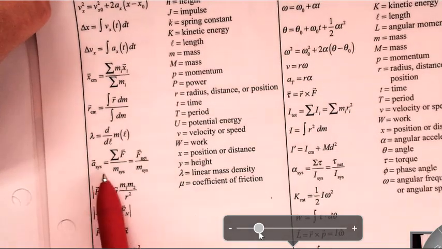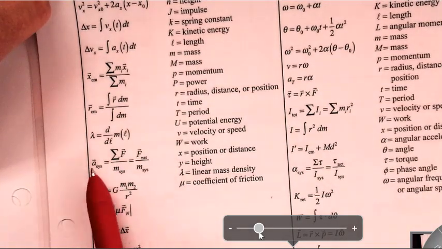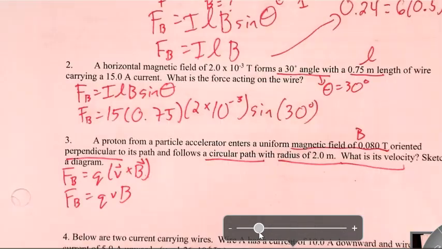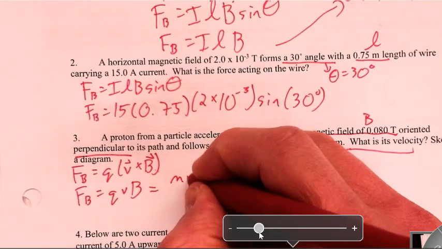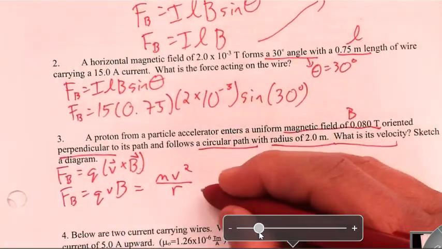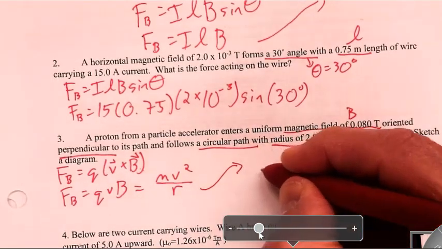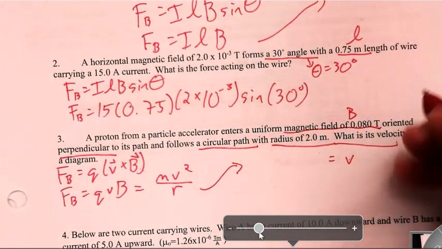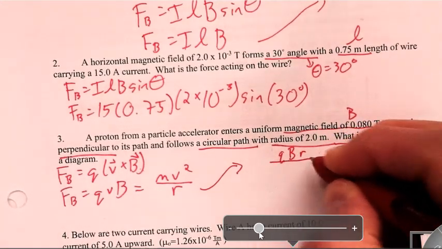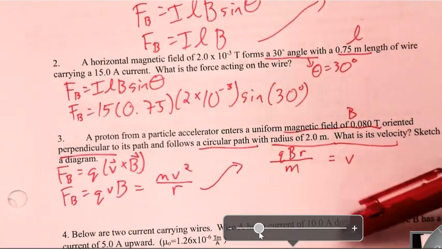Oh, here it is. So centripetal force would be acceleration times the mass, so mv squared over r. So that means this is going to equal mv squared over r. If you do a little bit of math, you'll see that the velocity is going to be equal to qBr over m, I think.